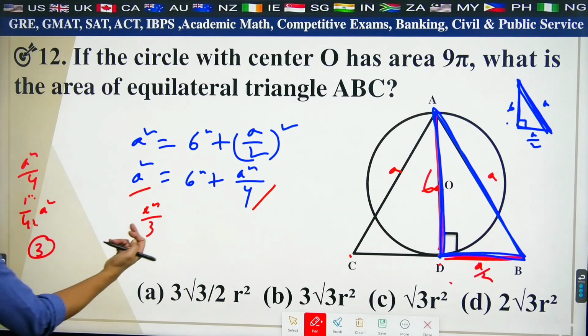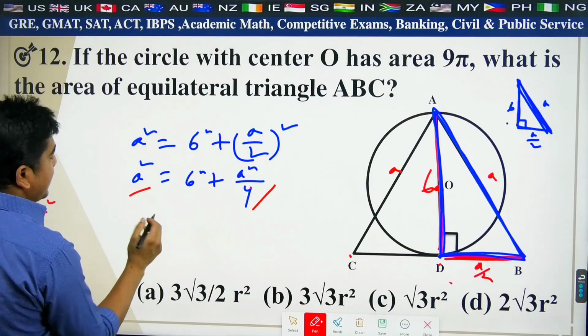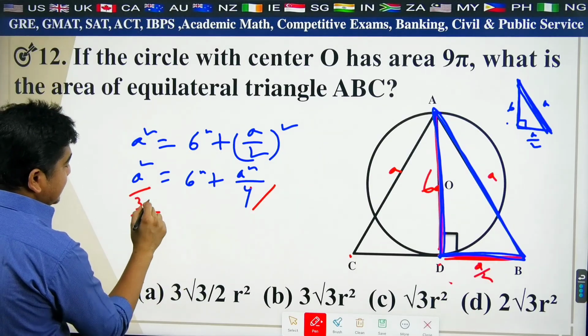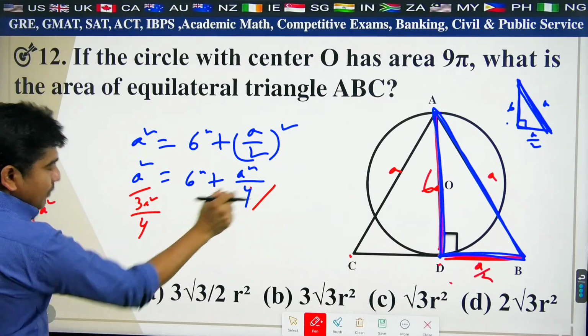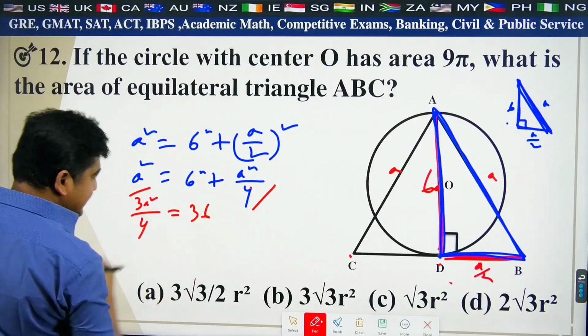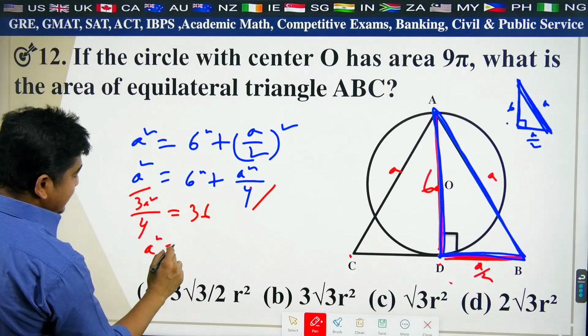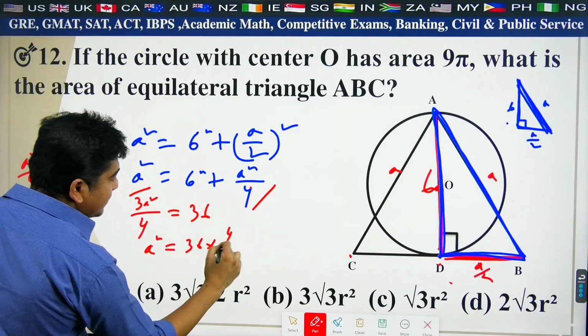So 3 parts you will have, and 4 will stay in the denominator. Here 6 square equals 36. So 36 equals 3 by 4 a square, so a square equals 36 into 4 by 3.